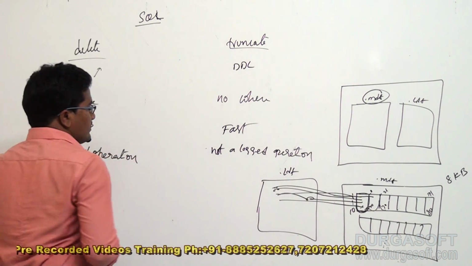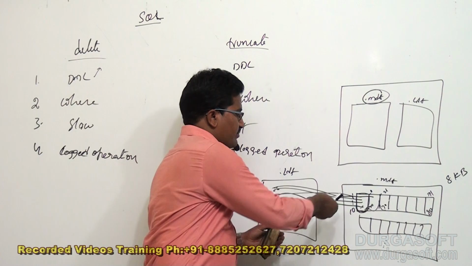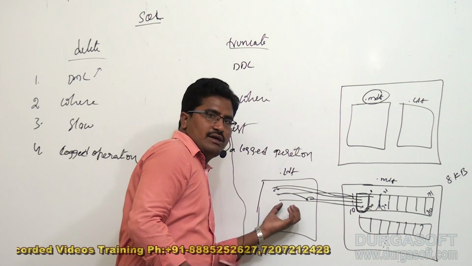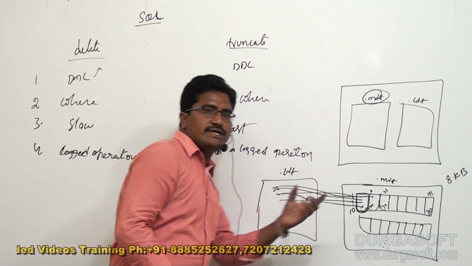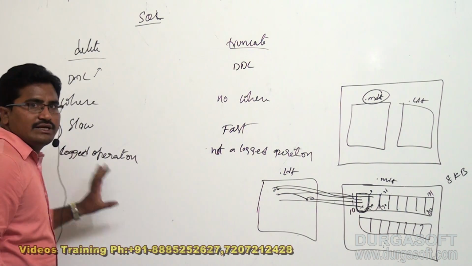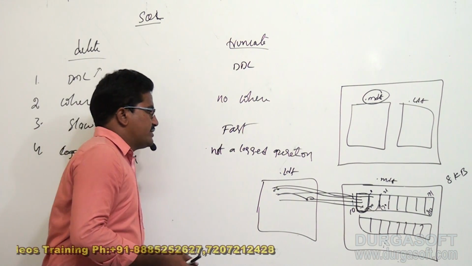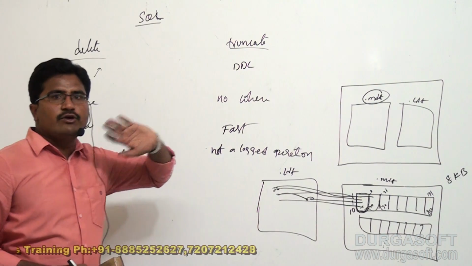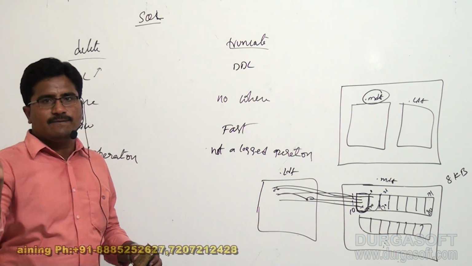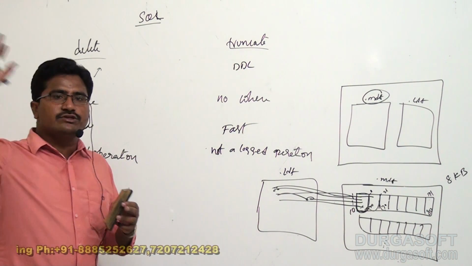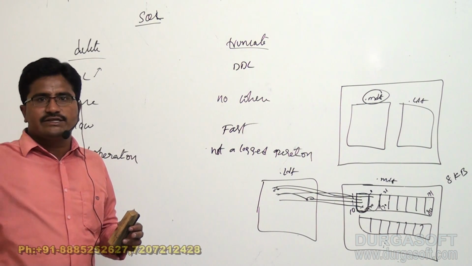Okay, next one. For every record, we have the log data in the LDF file, in the delete case. Just imagine, in our computer, if you remove any file, it goes to the recycle bin.